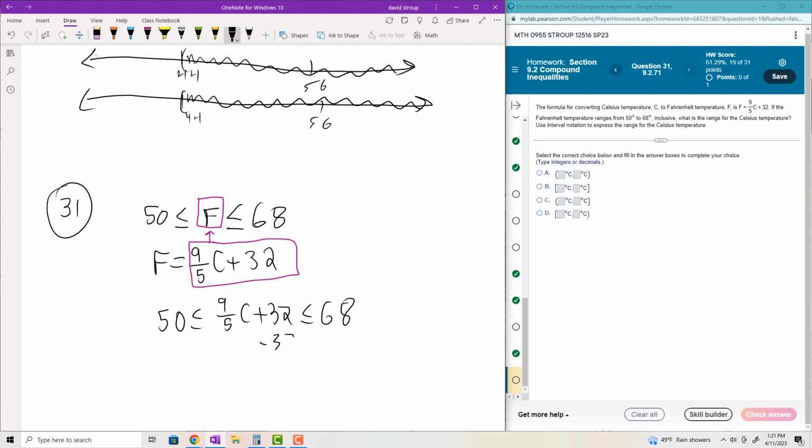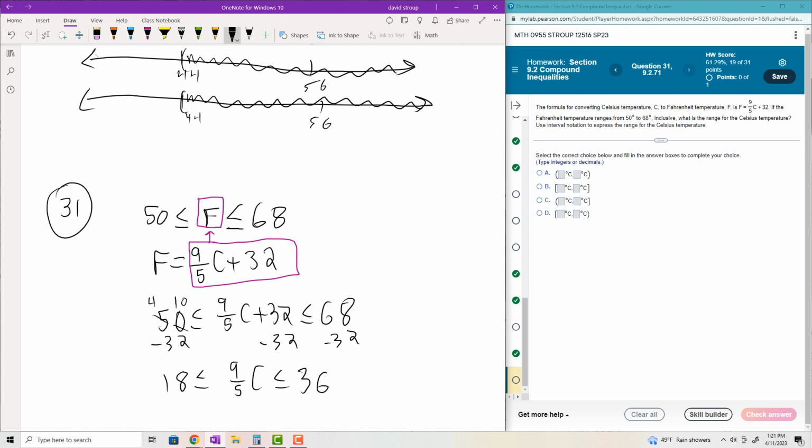So I'm going to subtract 32 from all three sides. So this will be 18 less than or equal to 9/5 C, less than or equal to 36.